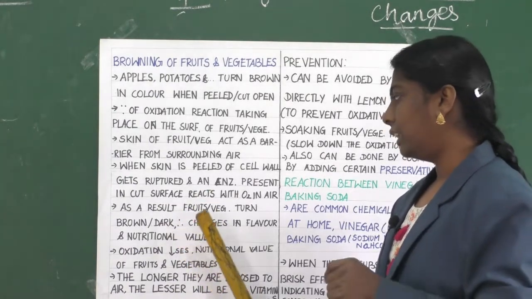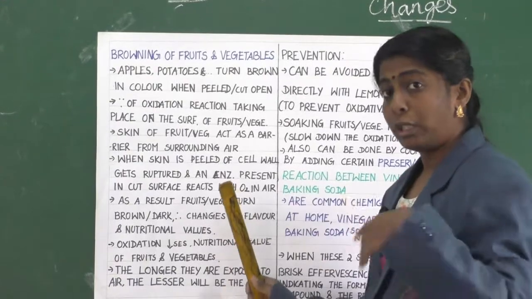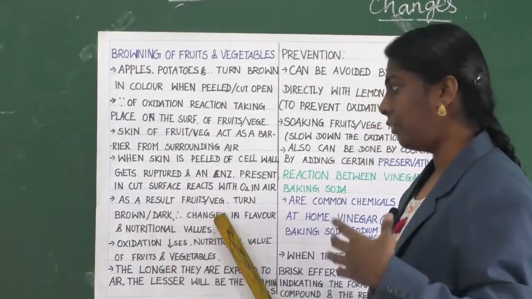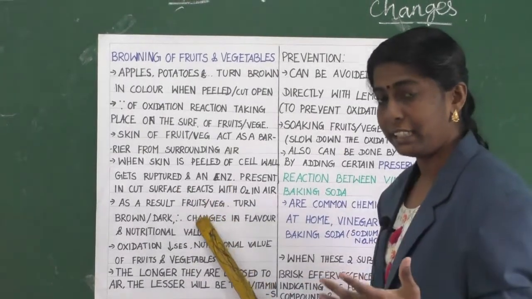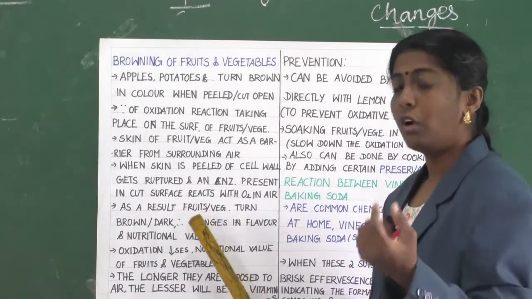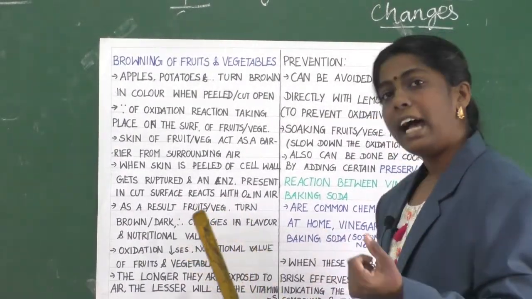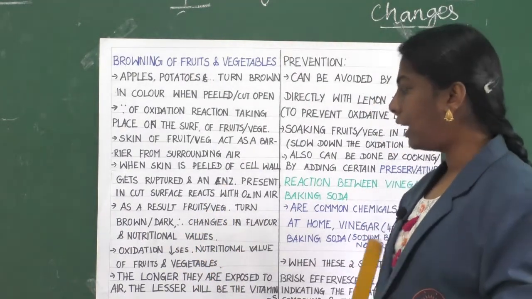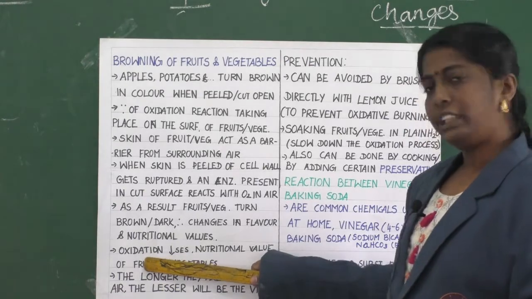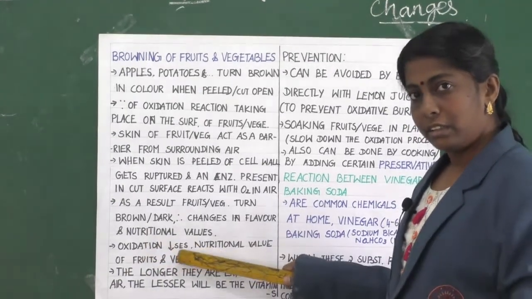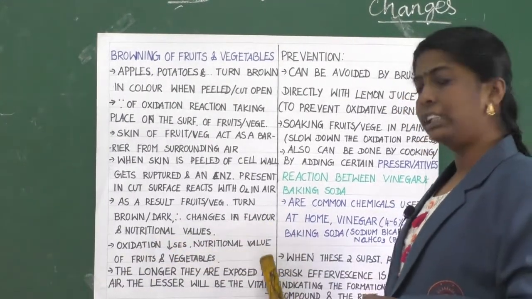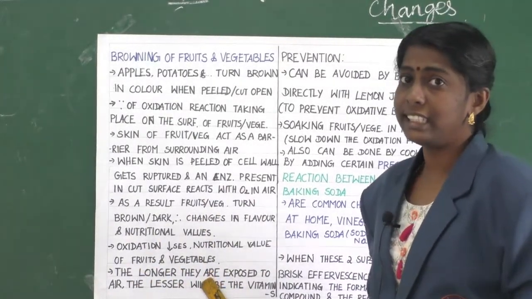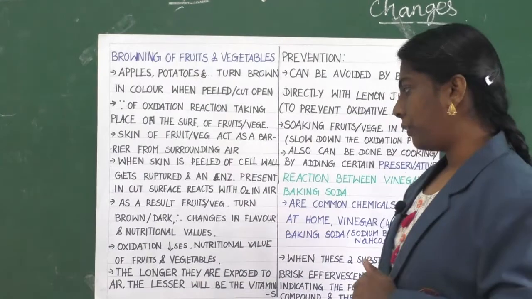So automatically it will change the flavor and nutritional value. Once the color has changed because of oxidation, the flavor and nutritional value will also change. Here the oxidation decreases the nutritional value of fruits and vegetables.